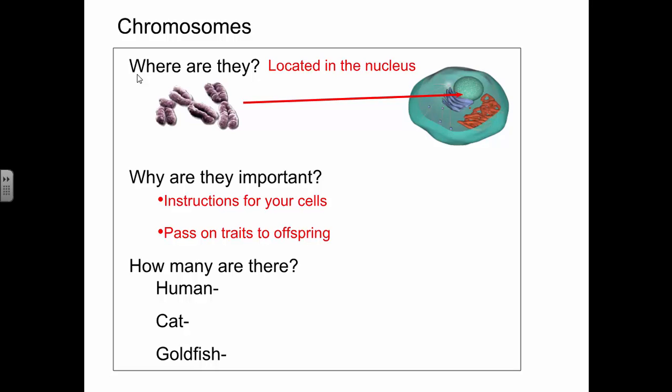So say mom has like a condition. And would that be passed down? Sometimes, and we'll talk about that. So there are some characteristics, some traits, some diseases that are part of our genetics. And in those cases, sometimes they can be passed down from parents to offspring. And we'll talk about some of those things in a few minutes.